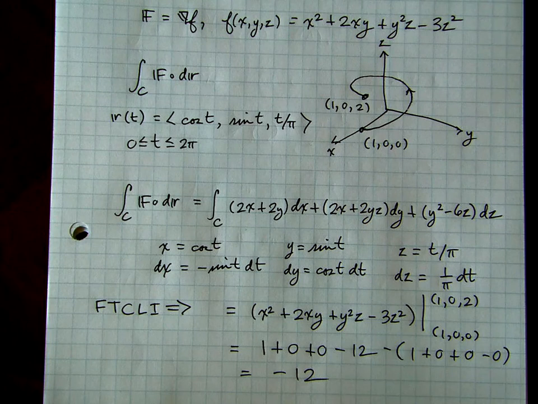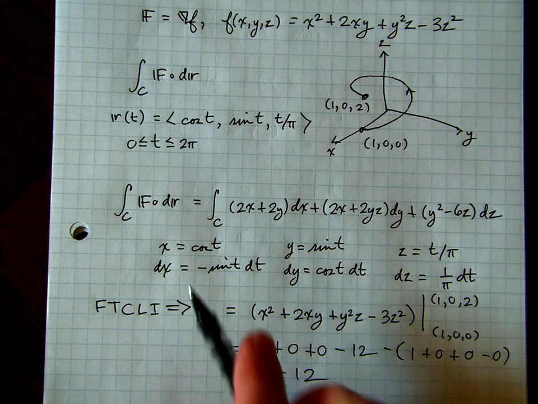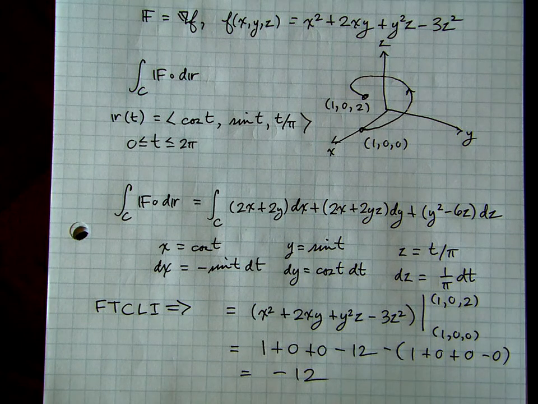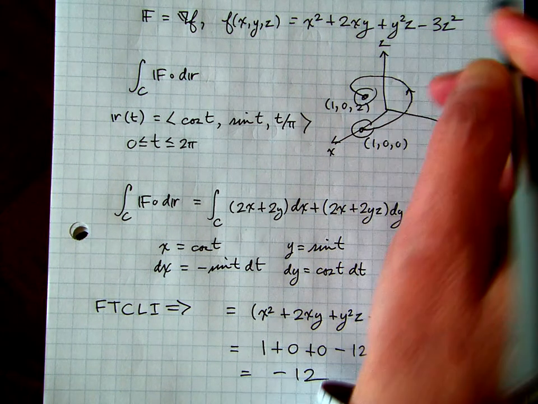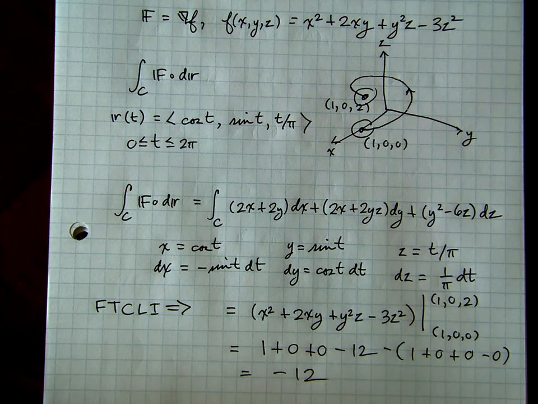I certainly prefer the fundamental theorem of line integrals to doing a massive amount of substitution with parameterization in order to evaluate this. But I want to point something else out. Fundamental theorem tells us that only the values of the potential function at the endpoints matter.